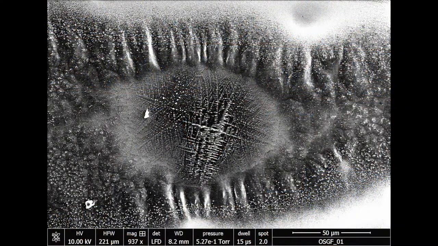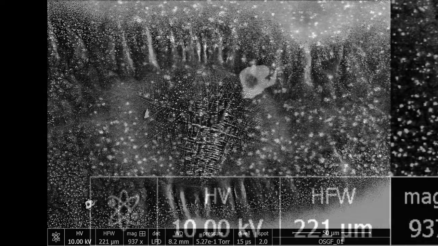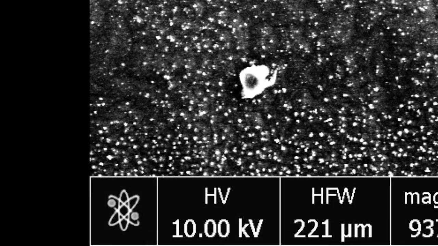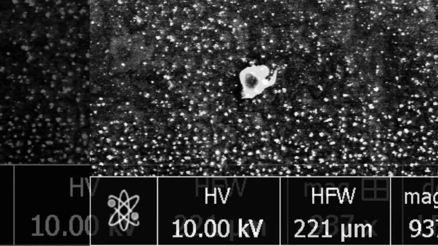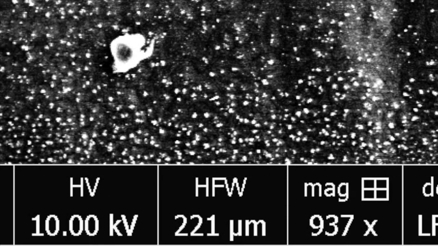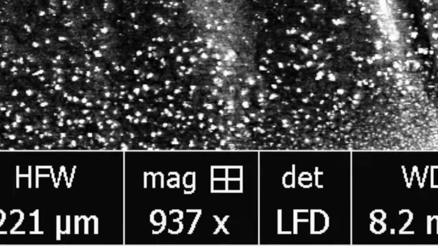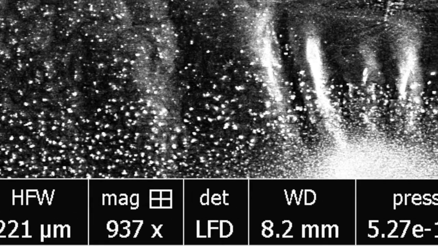So I think it would be useful to explain what the information is at the bottom of these images. On the left, we've got HV. That corresponds to the energy of the beam. HFW corresponds to the horizontal field width, and usually those units can be in millimeters or microns. And then we've got magnification, right?